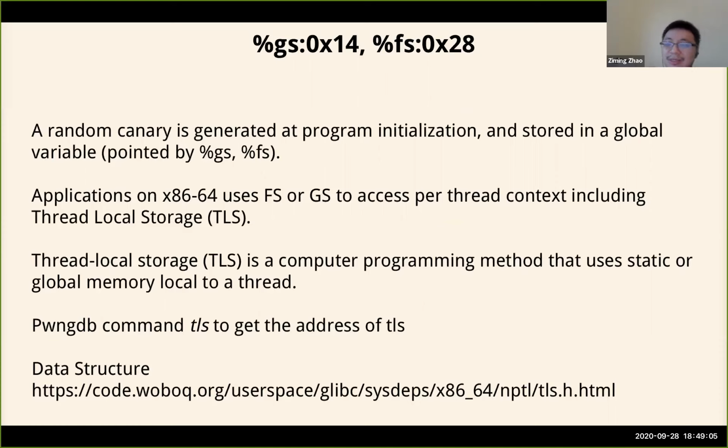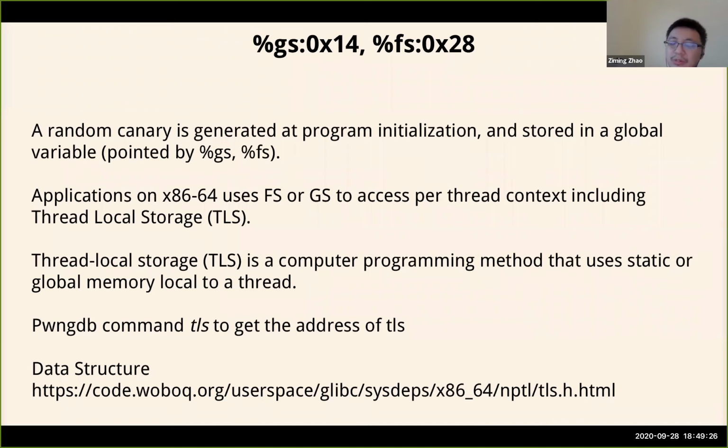So it could be some variables that are local to a specific thread. And the FS and GS are obviously registers. They are general registers, but they cannot be changed by applications directly. Only the kernel can change this.